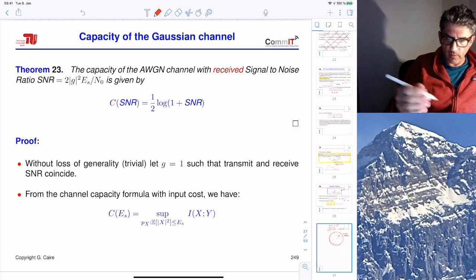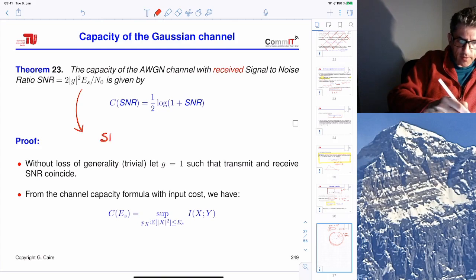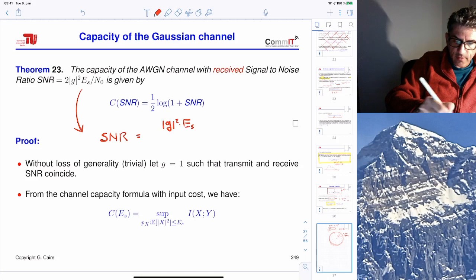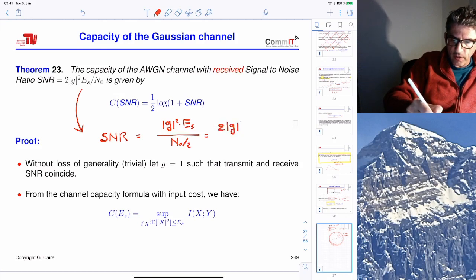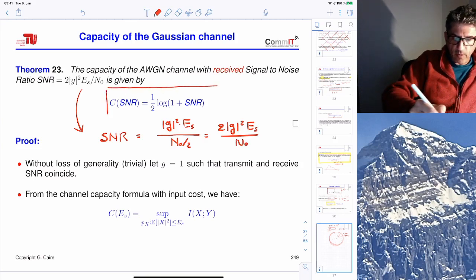Signal-to-noise ratio is signal power divided by noise power, and here is given by, at the receiver, well, we receive energy per symbol g squared times Es divided by the noise variance per component N0 over 2. So we have 2g squared Es divided by N0. The capacity is given by this formula.